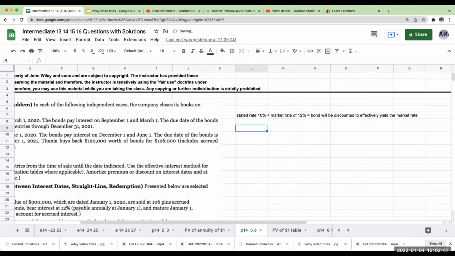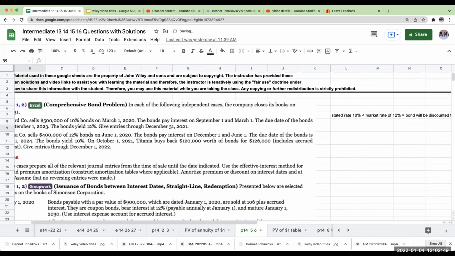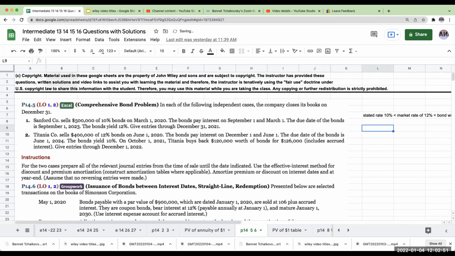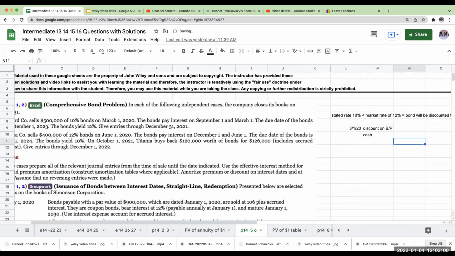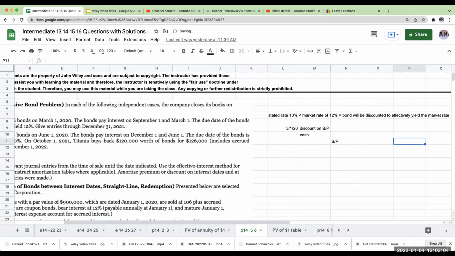So when I have this situation, on March 1st, 2020, I'm going to have a discount on bonds payable. I'm going to be debiting cash, and I'm going to be crediting bonds payable. The bonds payable is always recorded at the face amount.